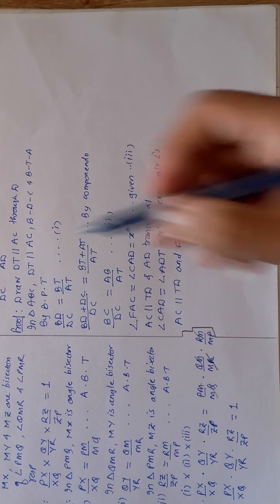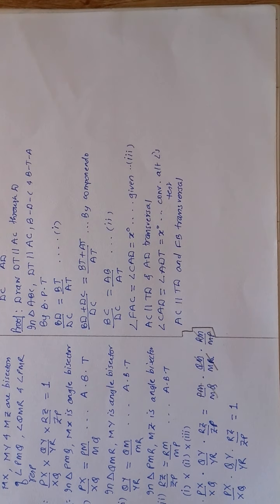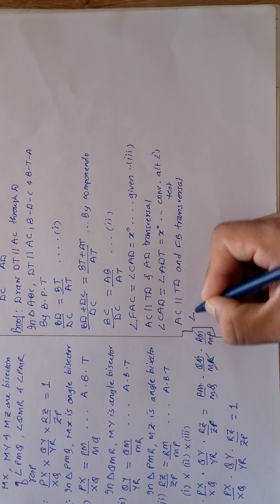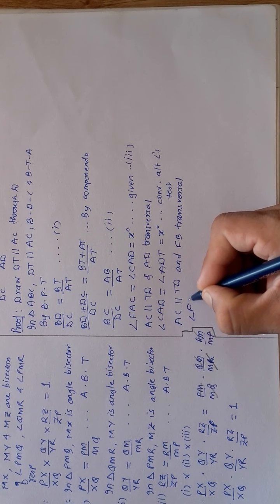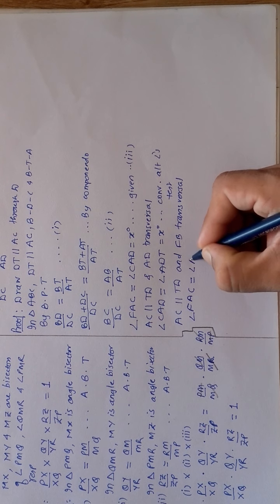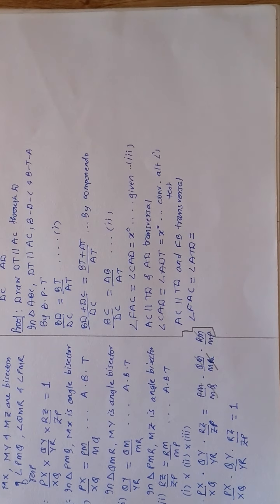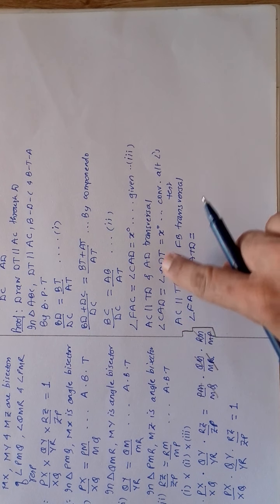If it is so, then angle FAC and angle FTD are forming corresponding angles, and lines being parallel, these corresponding angles are congruent. So angle FAC is equal to angle ATD, which is already known.